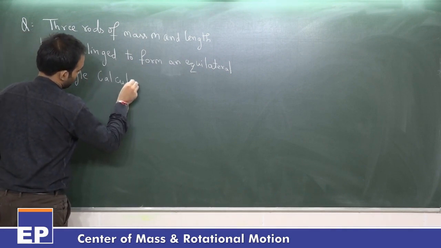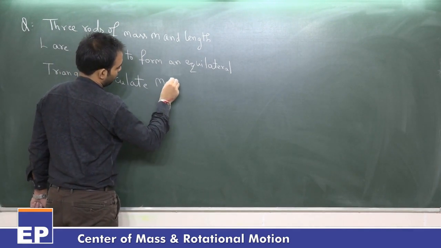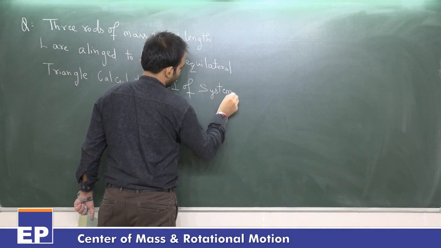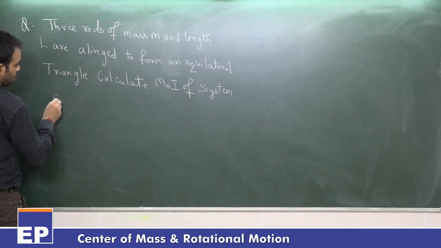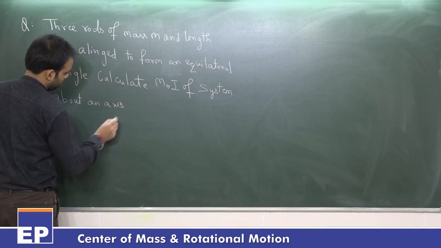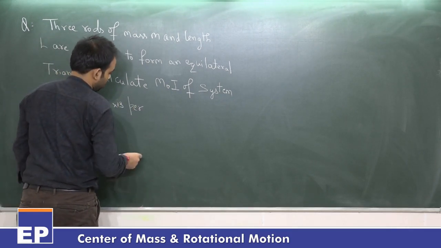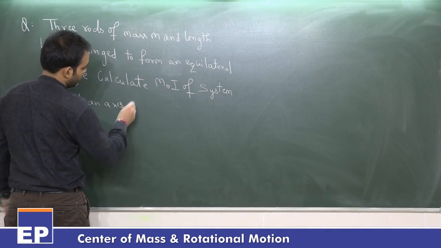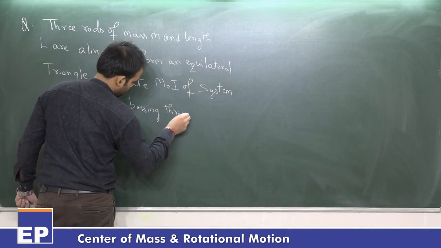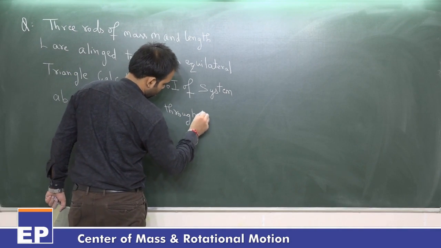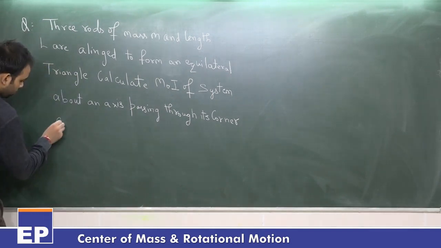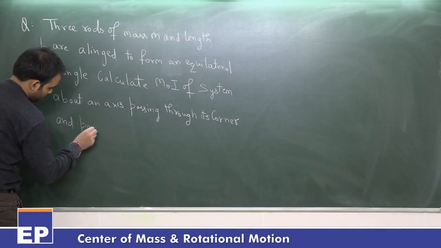Calculate the moment of inertia of the system about an axis passing through its corner and parallel to one of the sides.